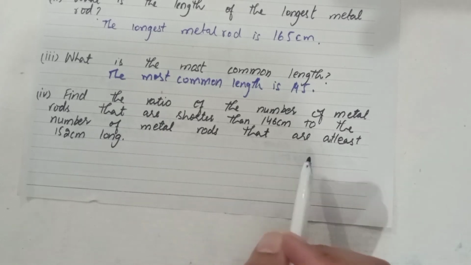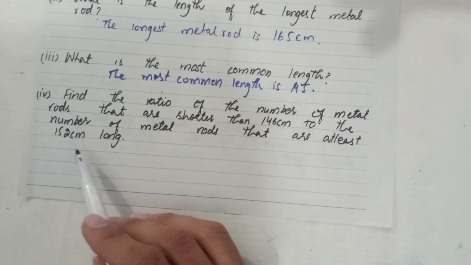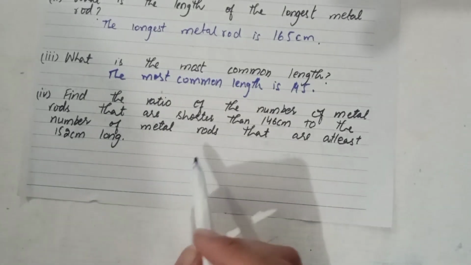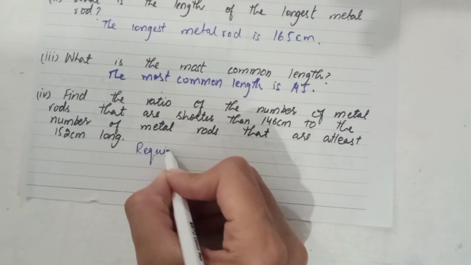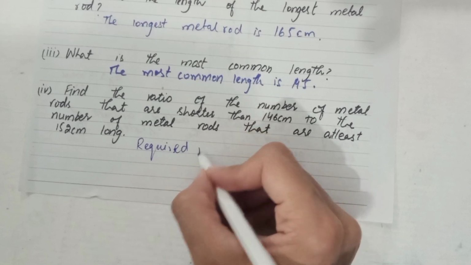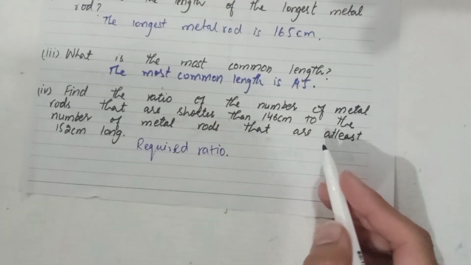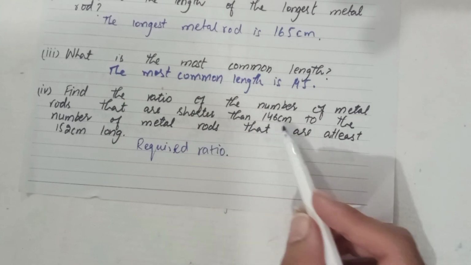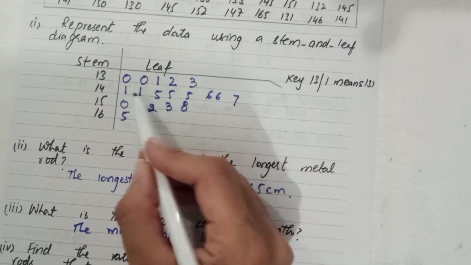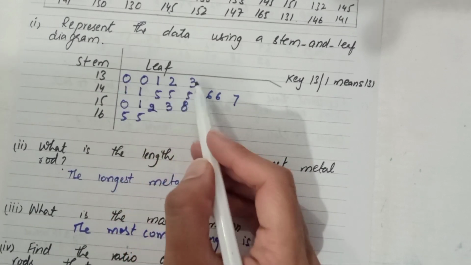Find the ratio of the number of metal rods that are shorter than 156 to the number of metal rods that are at least 152 centimeters long. Now the required ratio is: first we have to count the metal rods shorter than 156, and these are 1, 2, 3, 4, 5, 6, 7, 8, 9, 10.